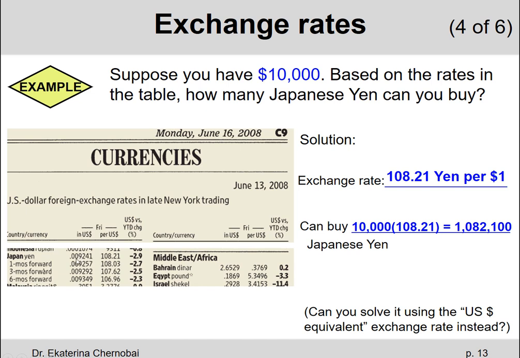And the answer you would get will be identical to the answer to the first solution, 1,082,100 Japanese yen. So you would either multiply by the number from the second column or divide by the number from the first column.